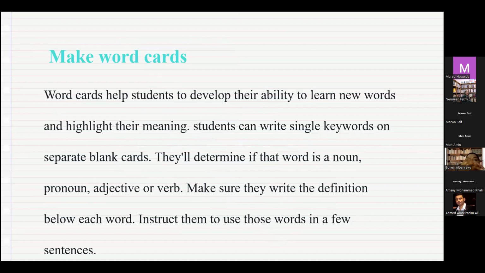So you can ask them to bring their cards for unit 2. Please bring your cards you have designed for unit 2 to revise or to practice or to drill. You can ask them to write a definition. You can ask some students to write the word and some other students to write the definition, and then ask them to join those with the term and those with the definition.